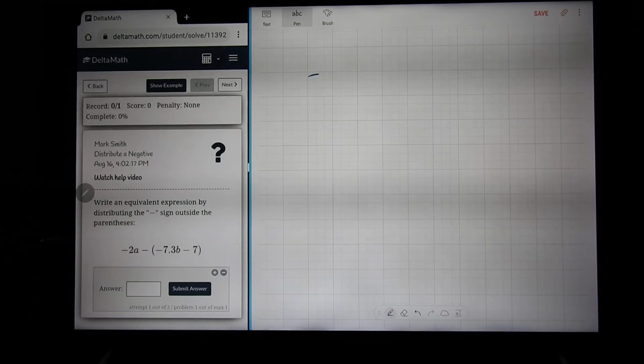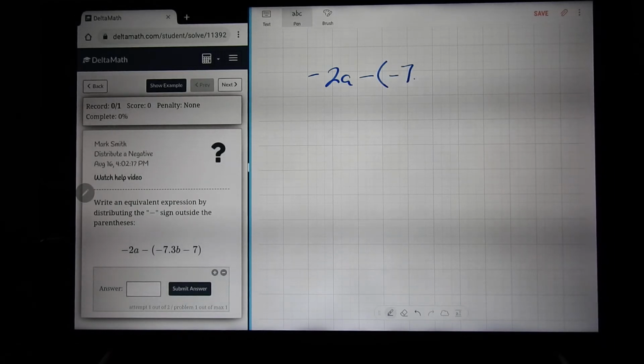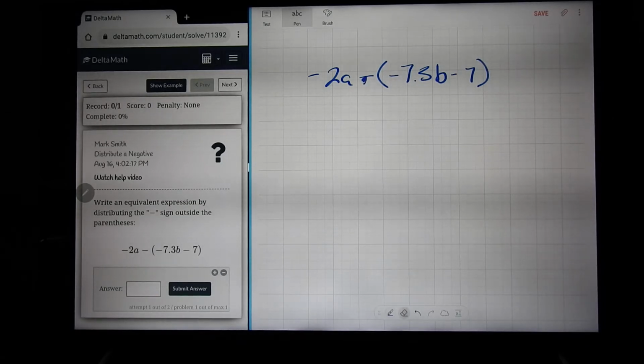All right, so the first one says write an equivalent expression by distributing the negative sign. This is our problem: negative (7.3b minus 7). Let's remember something for distributing this negative.